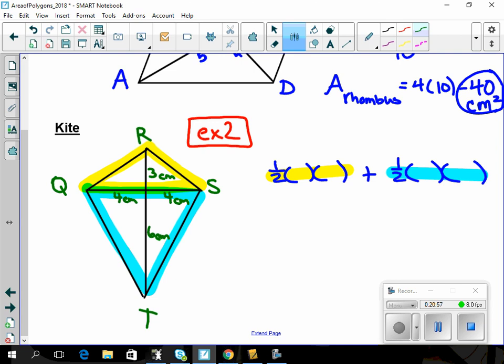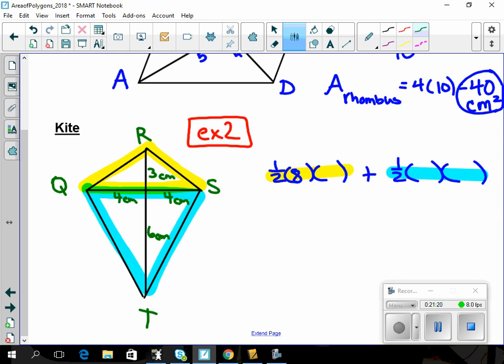because they're both triangles. What's the base in the yellow triangle? No. The base is not 4. The base is 8. The whole yellow triangle, the whole bottom, the whole base. Isn't that 8? All right, so we have 8.